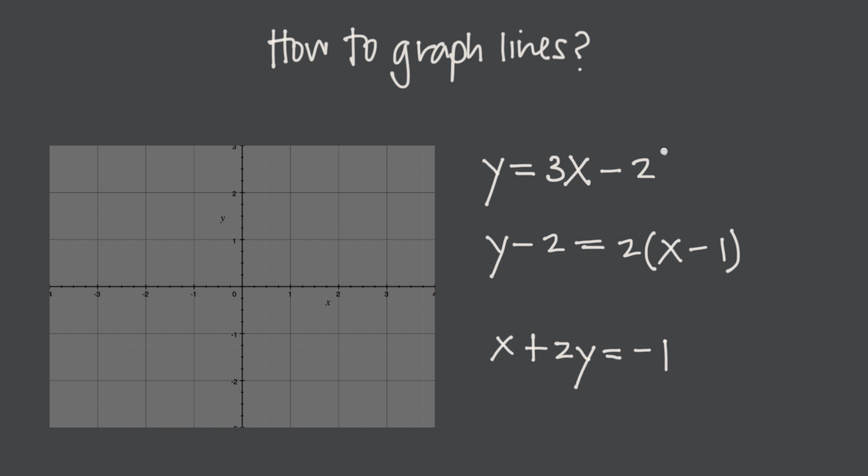So here we've got the equation of three different lines, and we want to graph each one. Now, this first one, if we look at it, we should notice right away that this is in slope-intercept form. In other words, it's in the form y equals mx plus b.